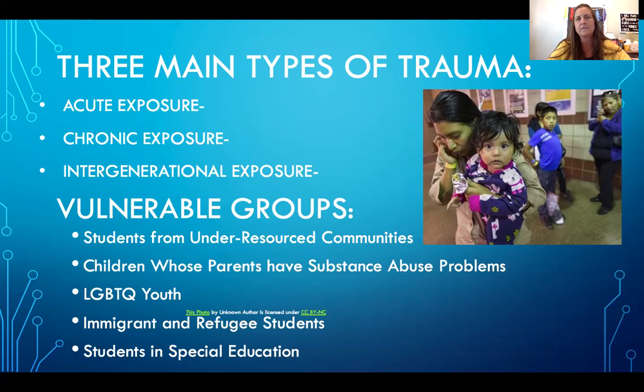And then the final one that we're going to talk about is intergenerational exposure, which is also sometimes called historical exposure. That one's a little more complicated, but it can involve something that has been happening over many, many generations to a specific culture.